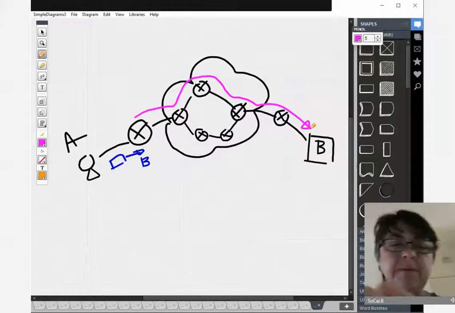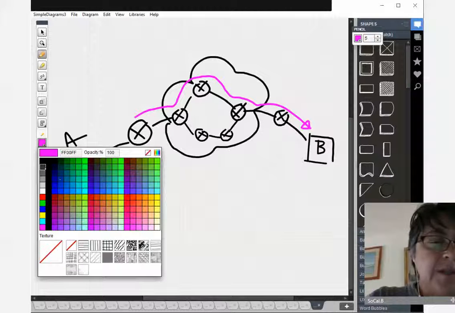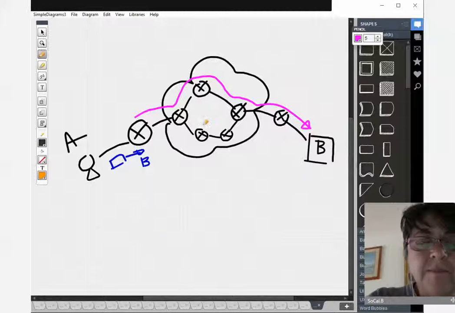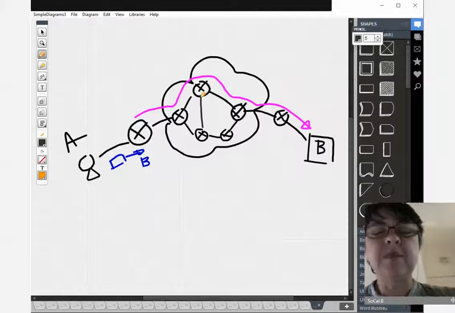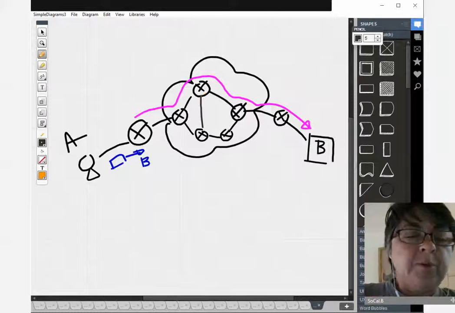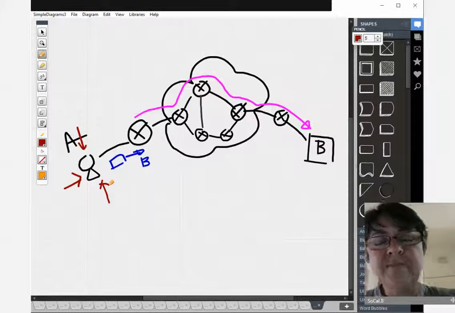But what you can do, well, let me change this just a little bit, so that maybe it'll go this way too. You can have these kinds of routes. This person right here can say, you know what?